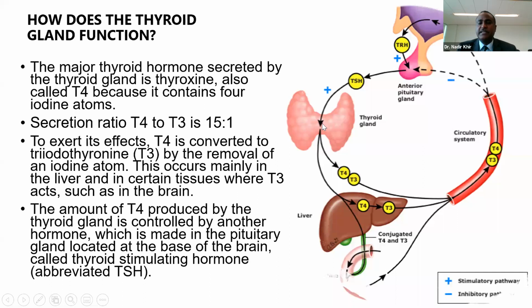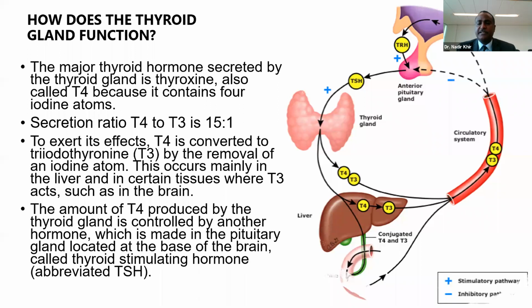So the thyroid is under the TSH stimulation hormone, and the TSH is also under the TRH, the thyrotropin releasing hormone from the hypothalamus. And the thyroid would release the T4 and T3, and the T3 is the most active form of the thyroid hormones, but the T4 is actually the one that's abundant in the blood and is bound most of the time.